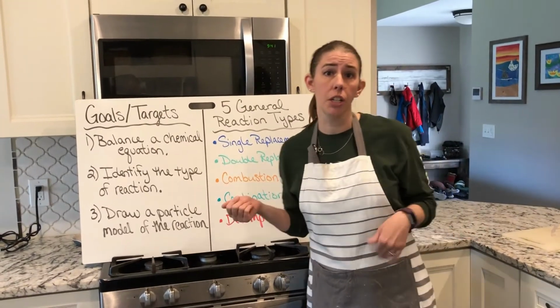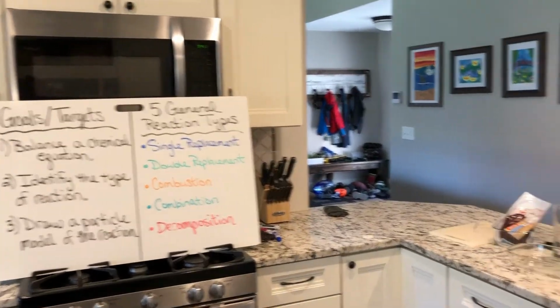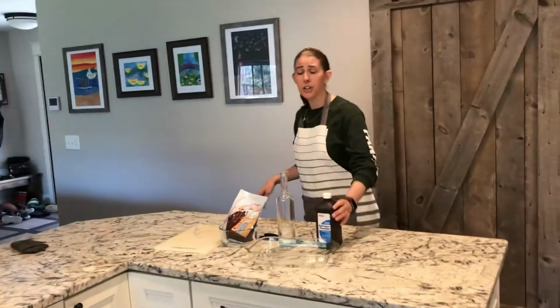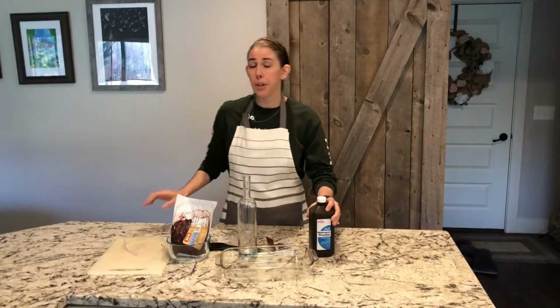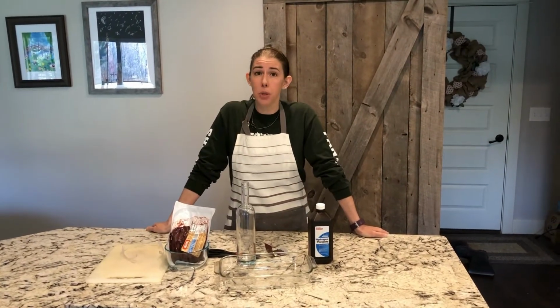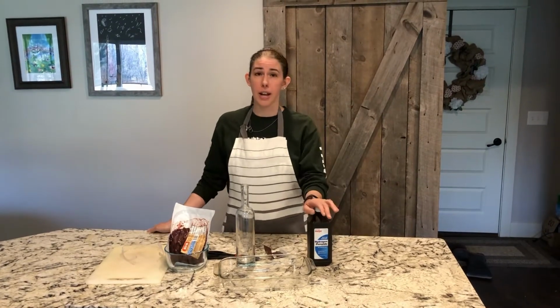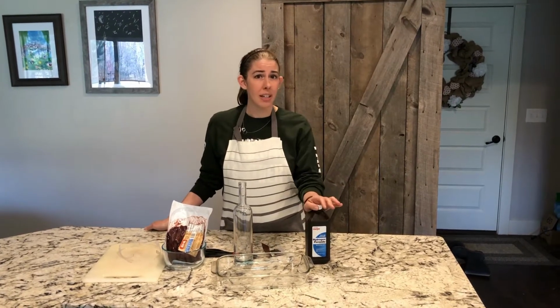The first reaction that we're going to do today involves hydrogen peroxide and beef liver. You may remember around Halloween we did a reaction inside the puking pumpkin with hydrogen peroxide. Do you remember why it's in a brown bottle?